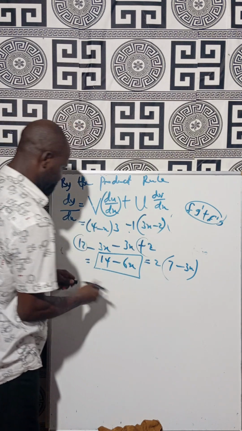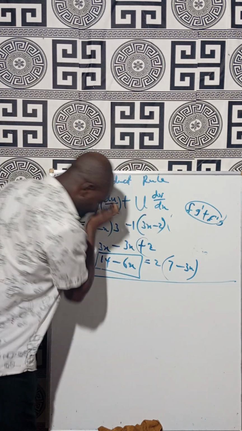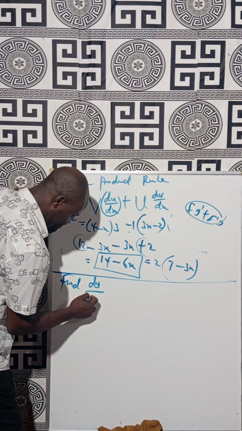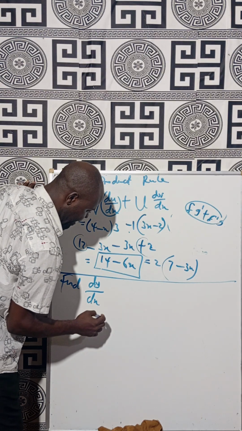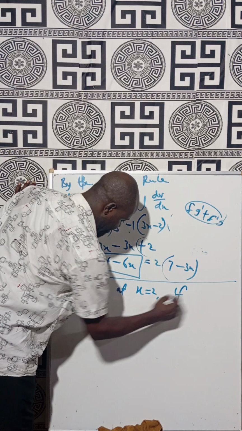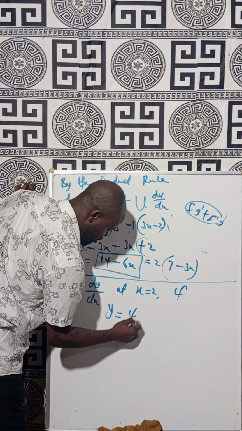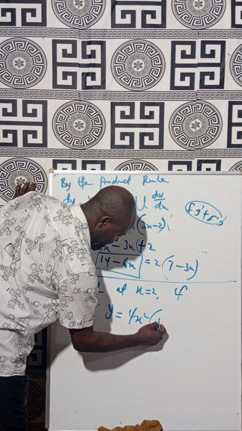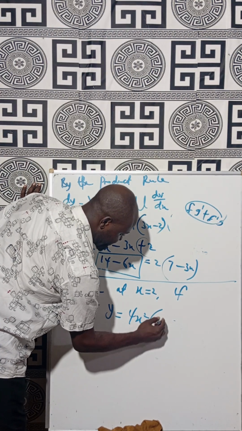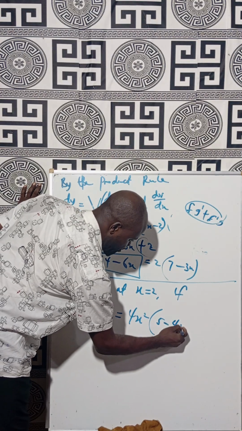Example 2. Find dy dx at x equals 2 if y is equal to 4x squared times the bracket 5 minus 4x.